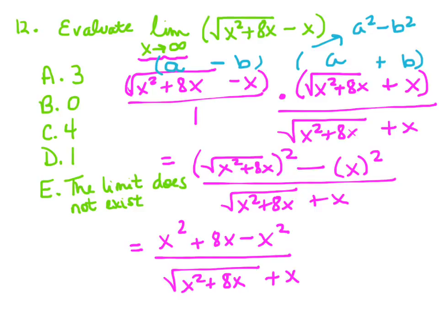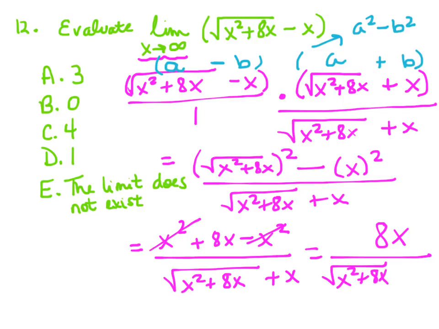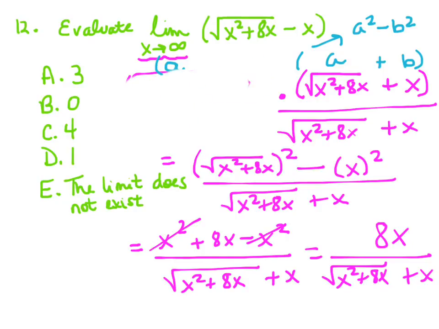Now we're down to an expression that we've worked with before in class. Let me do one more step of simplification. On the numerator I've got x squared minus x squared. Those are going to cancel out, and I'm just left with 8x over the square root of x squared plus 8x plus x. Alright, so I'm going to erase some of my work up here at the top.